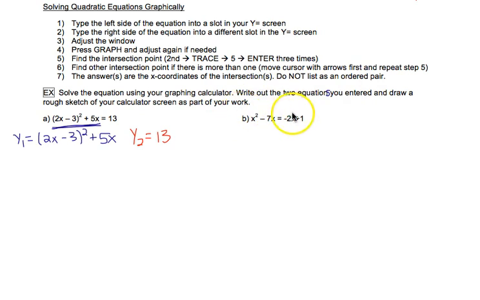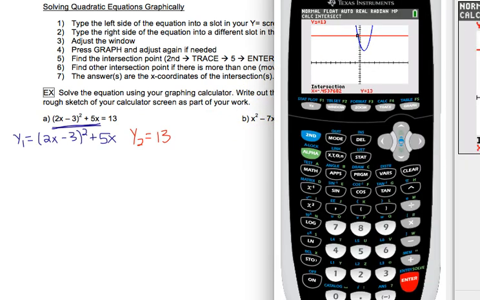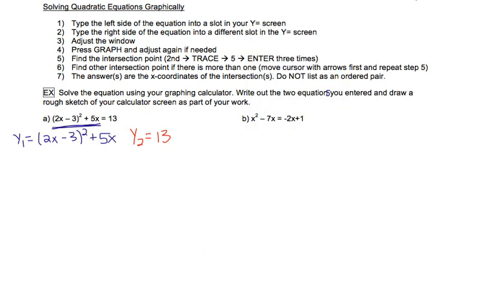This doesn't say what to round to, so I'm going to go nearest hundredth. So it says negative 0.4537, so that's negative 0.45 when I round to the nearest hundredth. So x equals negative 0.45 is one of my solutions.